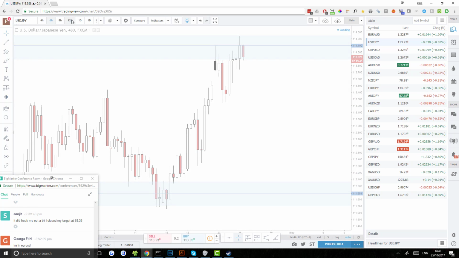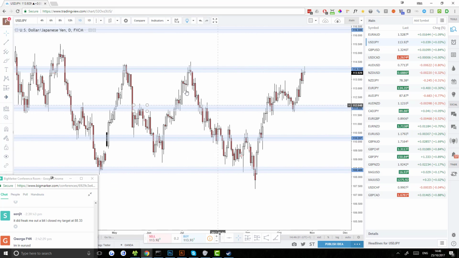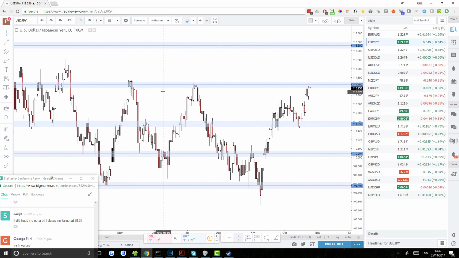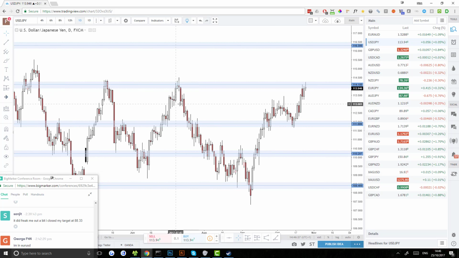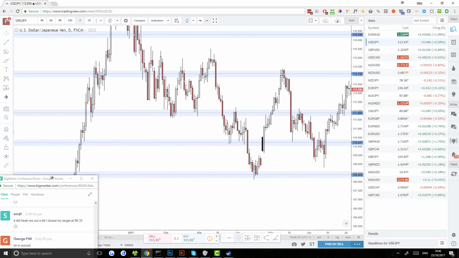USDJPY, this looks pretty solid right now. It's stalling very heavily on this resistance area, and this is a strong area of resistance. We can see the last two times it pushed up to here, it reversed in a big way. And not only that, it did the same before that, just not as big a reversal.